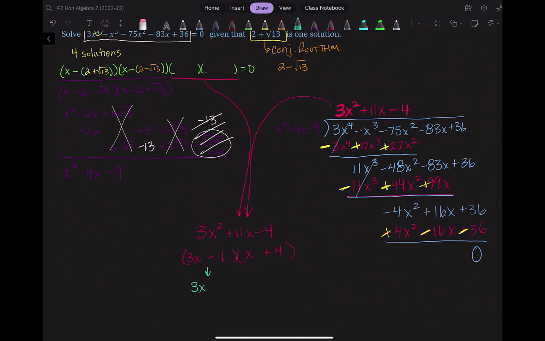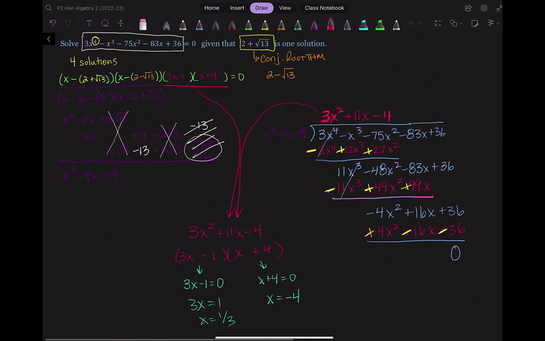Setting each one individually equal to 0, like we have in the past, we get x is -4 and x is equal to 1/3. So if we really wanted to, we could write 3x minus 1 and x plus 4 up here. We don't have to. The goal of this was to solve the equation, and now we have the 4 answers that we need.